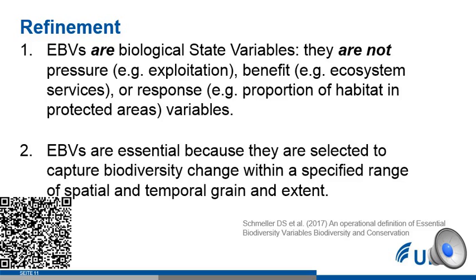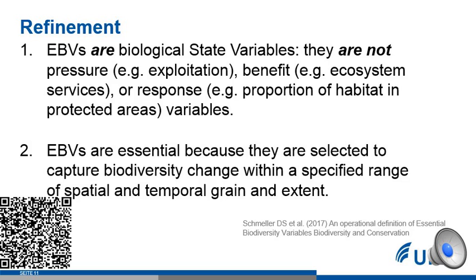I would like to restate here, this is something very important in understanding the EBVs, a refinement of the definition of EBVs. You need to be aware that EBVs are biological state variables. They are not pressure variables. Exploitation or benefits like ecosystem services or responses to habitat or protected areas are not EBVs.